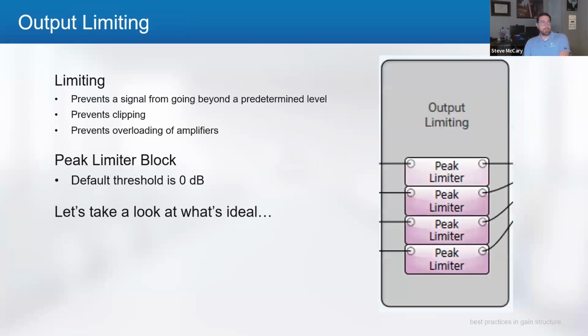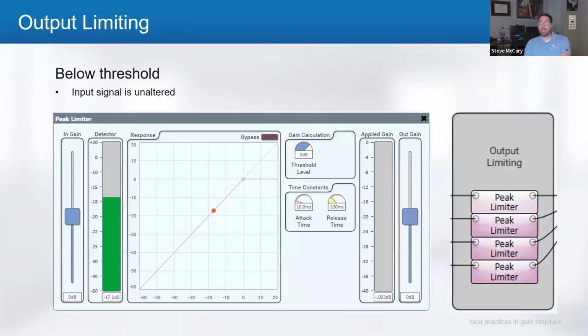So let's look at the output limiting. The peak limiter is basically going to be our catch-all on the back end. We generally will use this if we're using the analog outputs. Again, if you want to get super into the weeds on this, the dynamic audio processing class goes way into when to use these and how to use them and all of that.